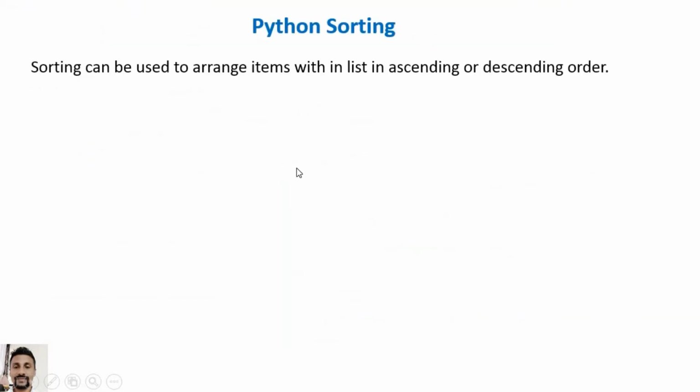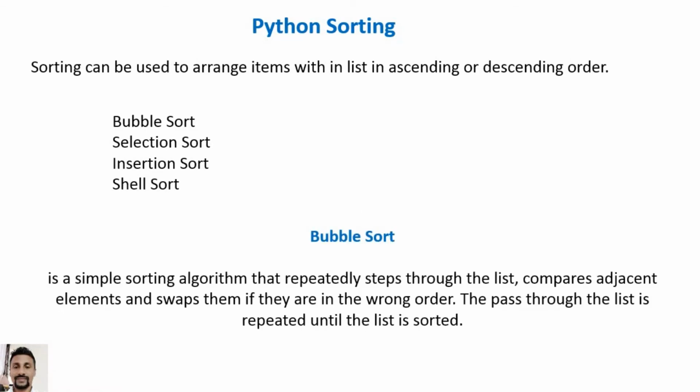Then we'll see Python sorting. Sorting means you can arrange the items within a list in either ascending or descending order. There are different types of methods for sorting: bubble sort, selection sort, insertion sort, and shell sort. Here I am discussing bubble sort.